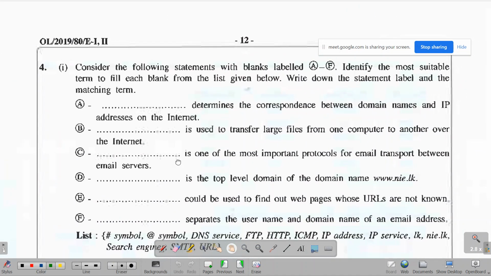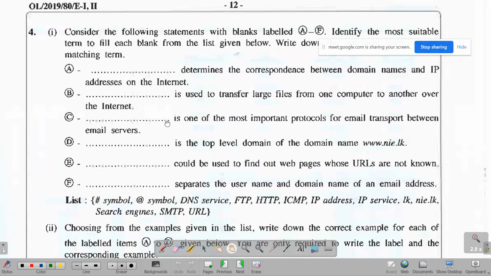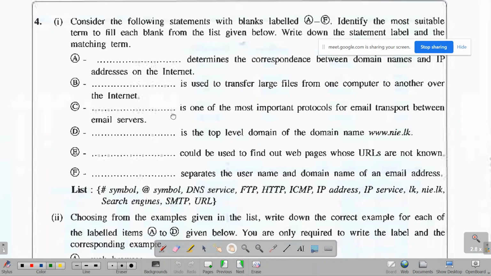The first part: consider the following statements with blanks from A to F. Identify the most suitable term to fill each blank from the list given below. Write down the statement label and the matching term. The first one: blank determines the correspondence between domain name and the IP address of the internet. It is the DNS service. So this goes with A.